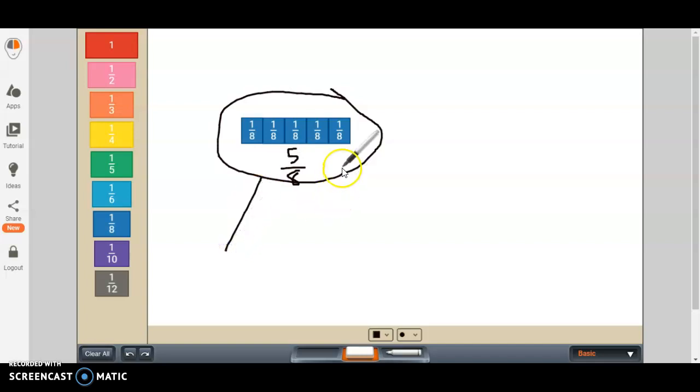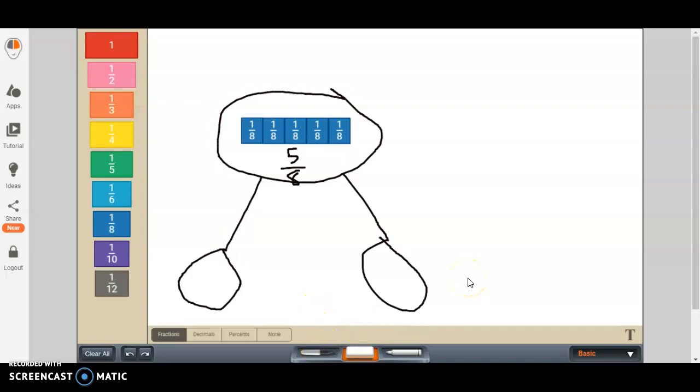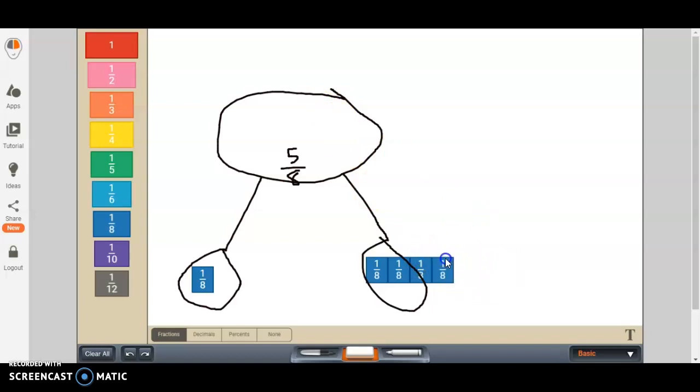And I'm going to think about, can I break it apart into smaller pieces? So let's think. Well, I can put one piece here and the other 4 pieces here. This is a way to break down my number.